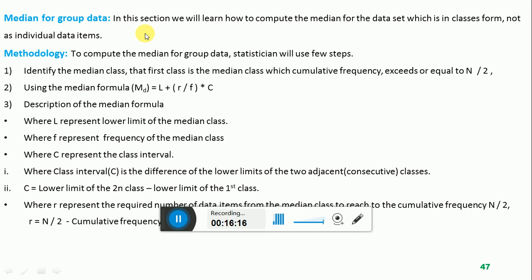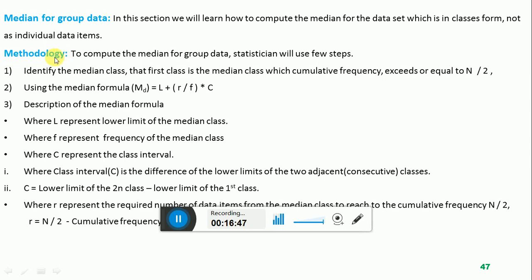It means that if the data items are not individually given, but the data is given in classes form, meaning a frequency distribution table is given, with classes and frequencies given, how can a statistician define the median, the mean or average value, for this type of data set? So we are learning how to compute the median for grouped data.